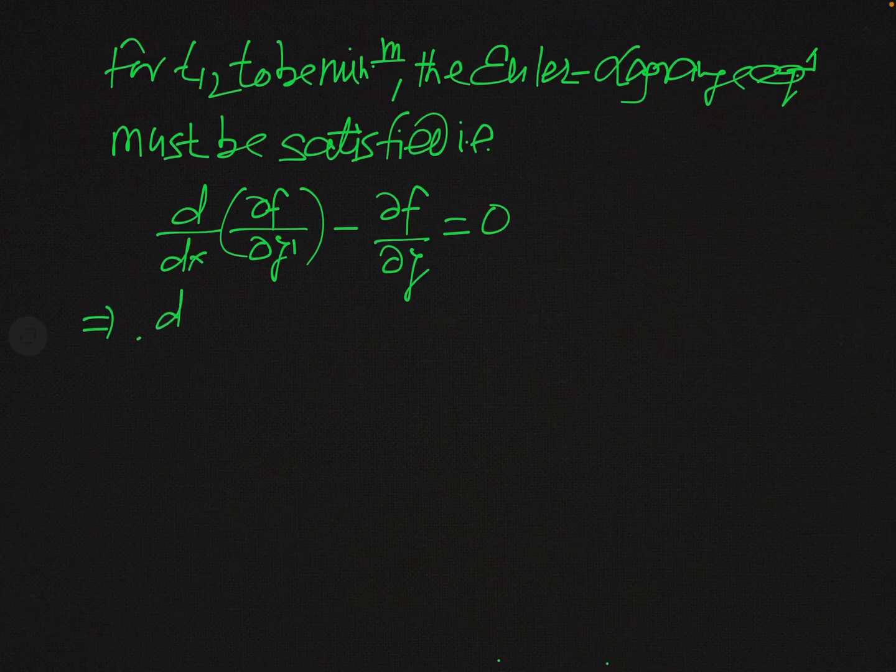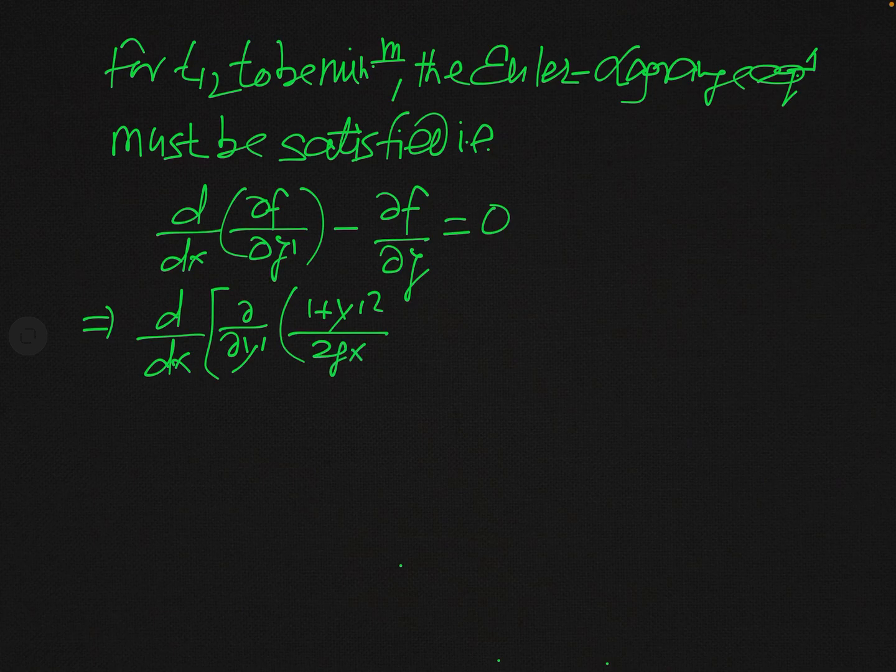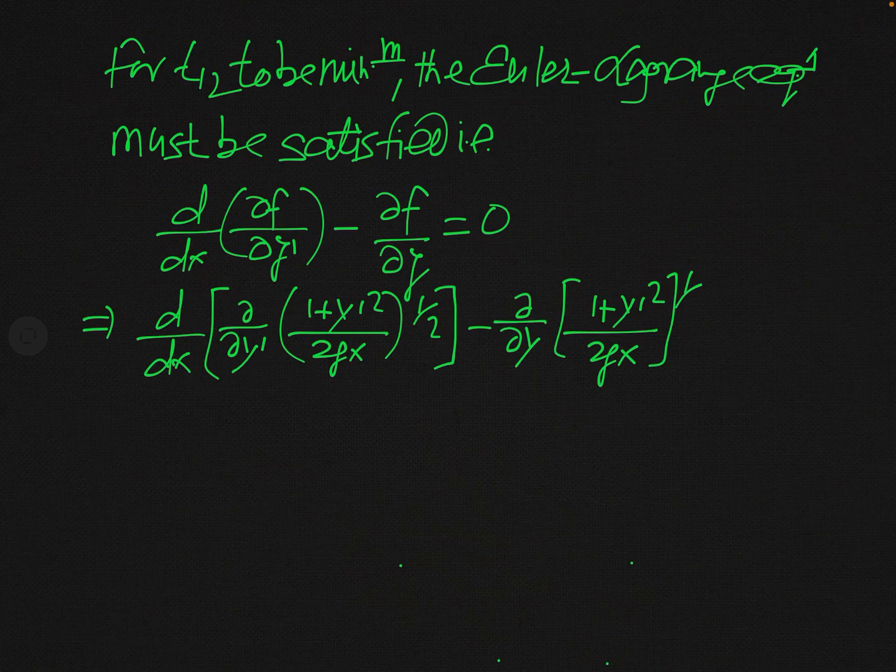So you can see this is d dx of del by del y prime, and f is actually (1 plus y prime square over 2gx) whole to the power half, and minus del by del y, and again f is (1 plus y prime square over 2gx) whole to the power half, and this is equal to 0.